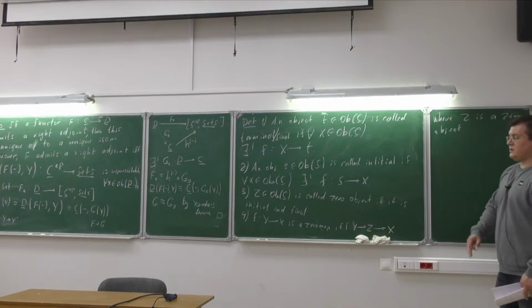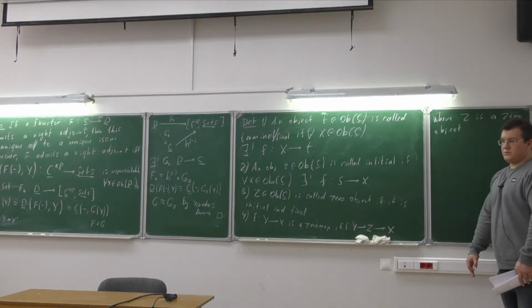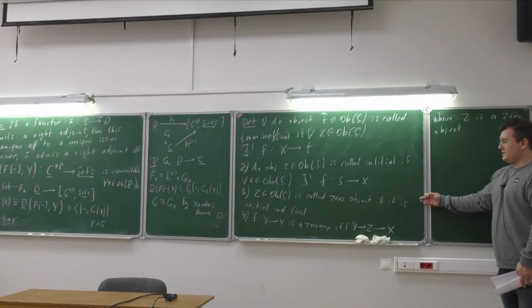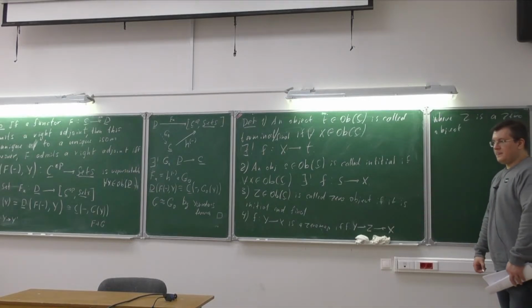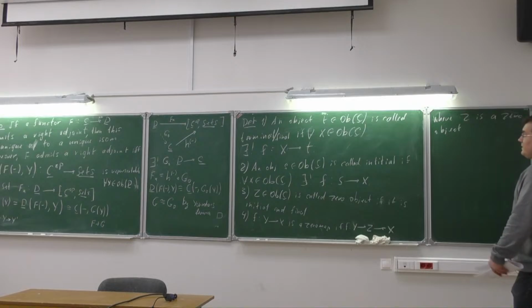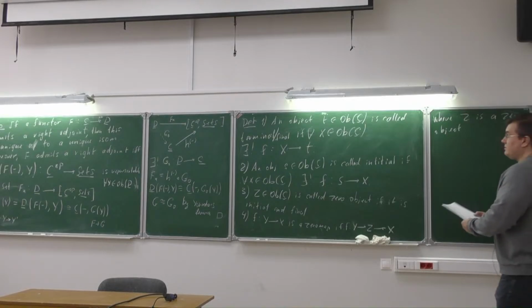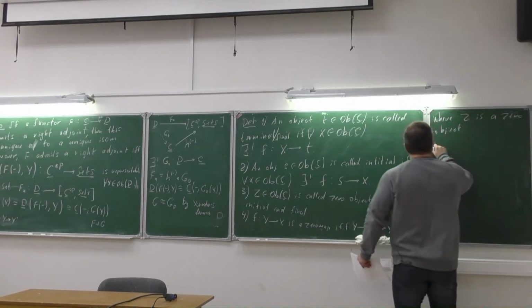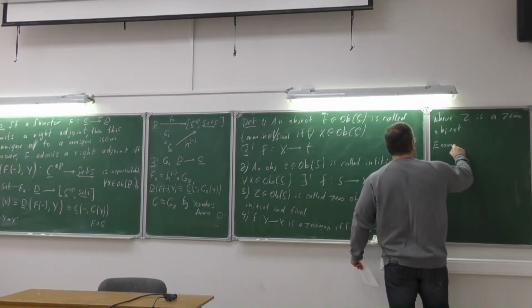You want to call a map a zero map if you can factor this map through a zero object. Note that this makes sense in any category, if of course a zero object exists. But usually we're going to talk about the zero objects and zero maps in the abelian categories a little bit later. Okay, so that's the definition, but before we proceed, I want to look at several elementary examples.